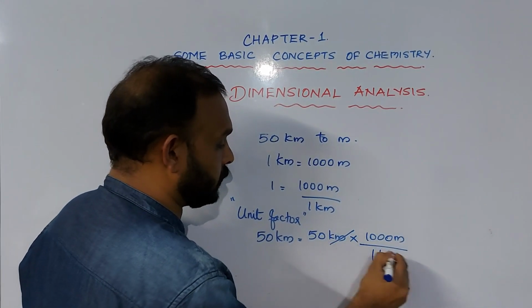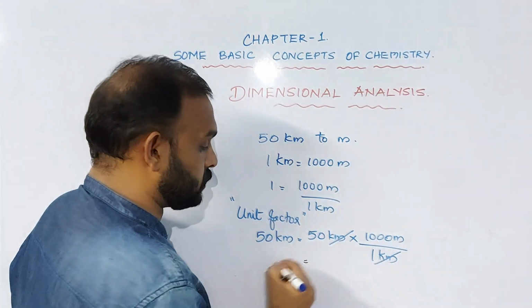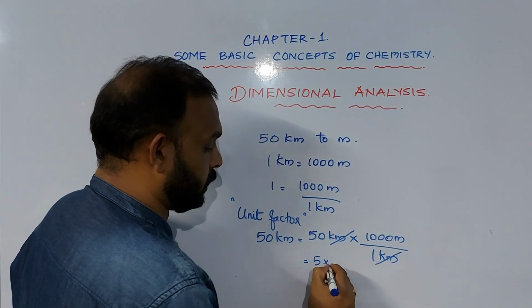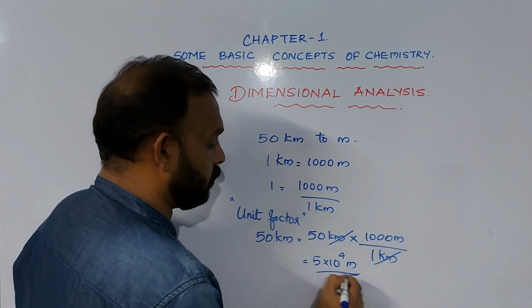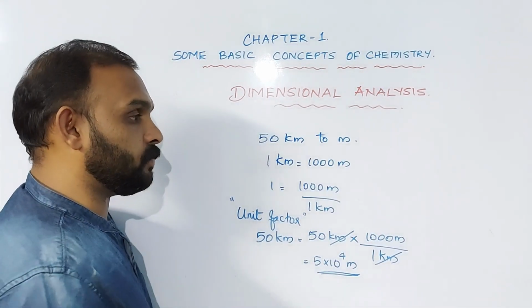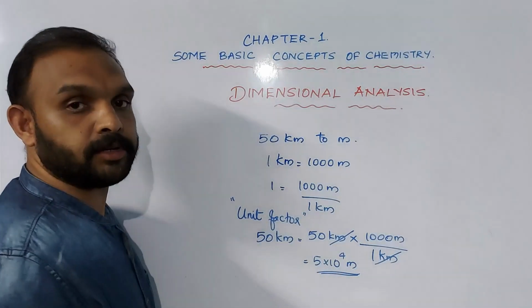So the kilometer cancels and we get the answer as 50 into 1000, which we can write in scientific notation as 5 into 10 to the power 4 meter. Is it clear? In your textbook we have many questions related to conversion using dimensional analysis.